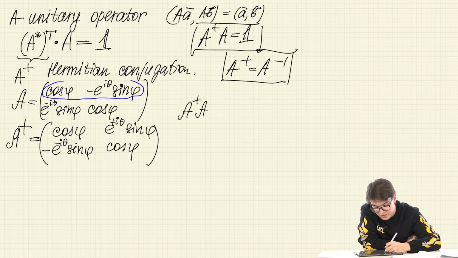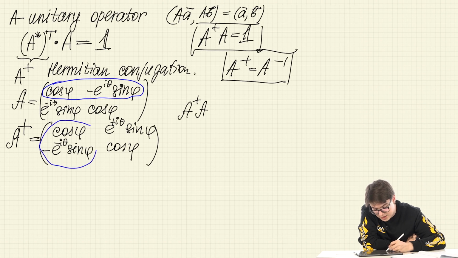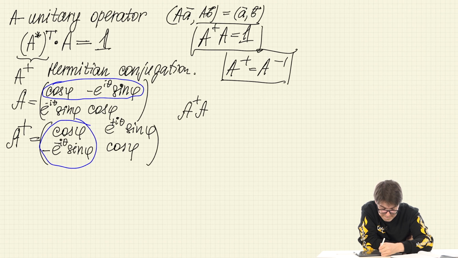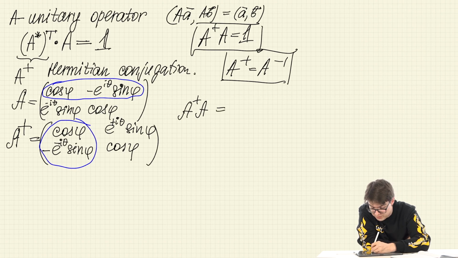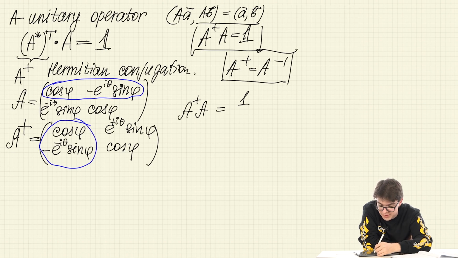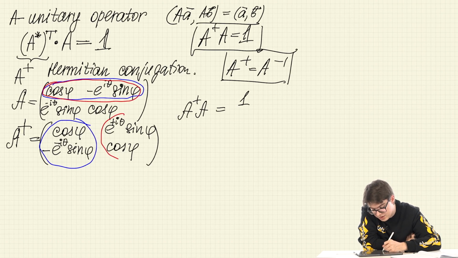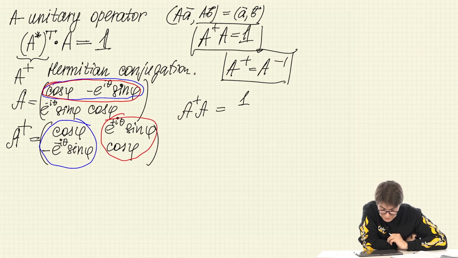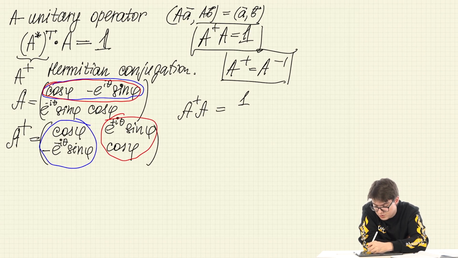So if we take the first row and the second column, we obtain what? 1. That's a pleasure for us. Well, the second element in this row is 0.